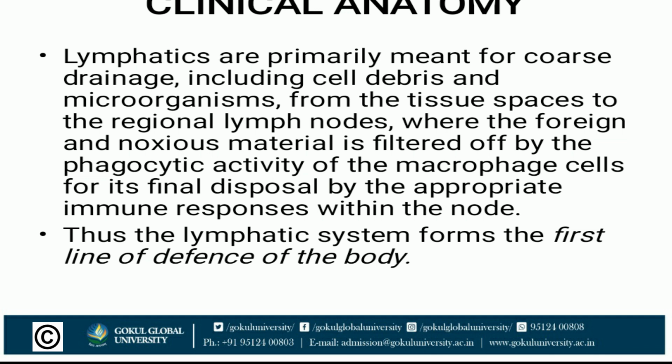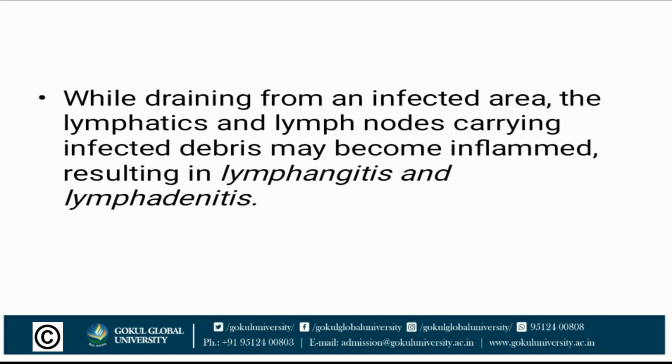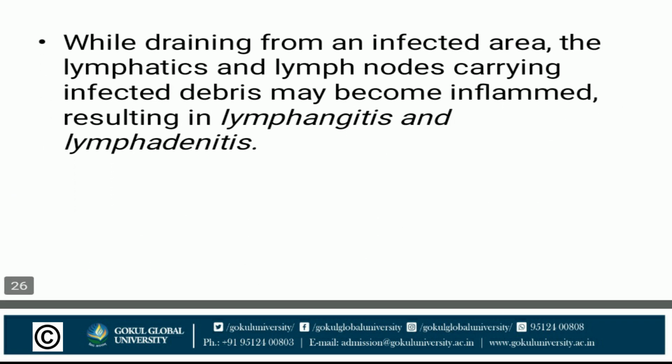Thus, the lymphatic system forms the first line of defense of the body. While draining from an infected area, lymphatics and lymph nodes carrying infected debris may become inflamed, resulting in lymphangitis and lymphadenitis.